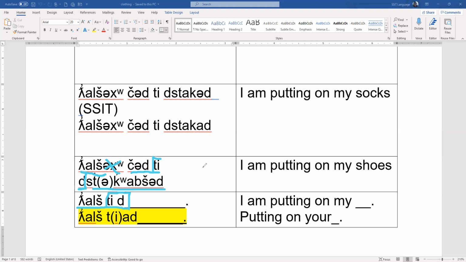But if it's your clothes, then it would be teed. Just think of this as meaning my. Teed equals my.